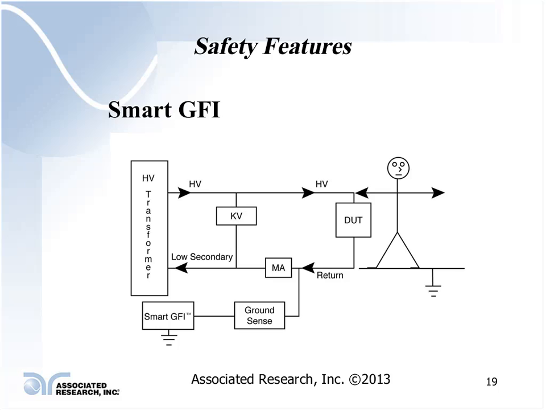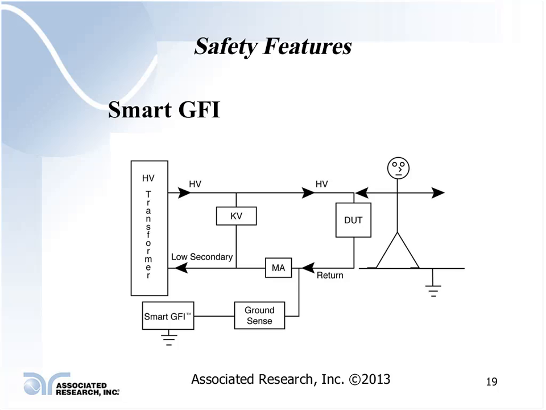Our smart GFI works something very like that. We're monitoring the current that is flowing through the circuit, and we're also monitoring the current going to ground. And if the current exceeds our 450 microamp threshold that we set for our smart GFI, then it will shut down the Hipot tester.